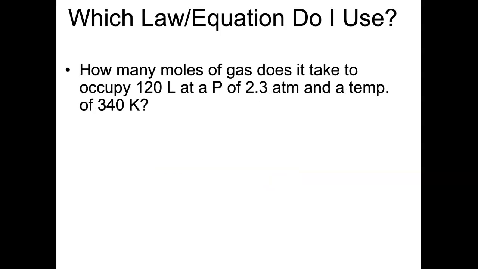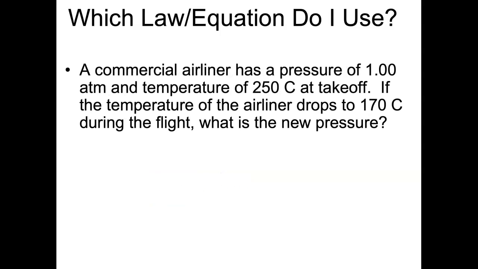How about this one? Hopefully you were thinking the ideal gas law, PV equals nRT, because it's asking for the number of moles. We know the volume, we know the pressure, and we know the temperature. How about this one?